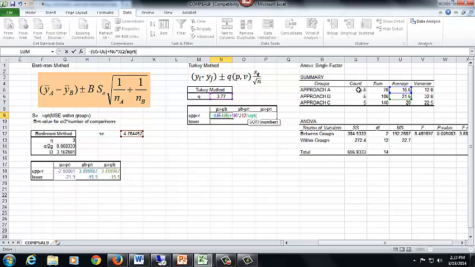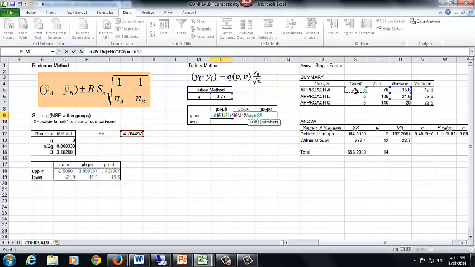Let's make sure. Yes. If the sample sizes in each group were not equal, I wouldn't just take this 5 like I am here.